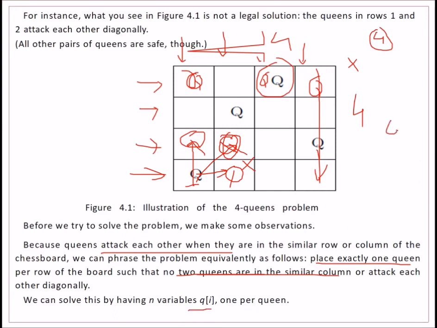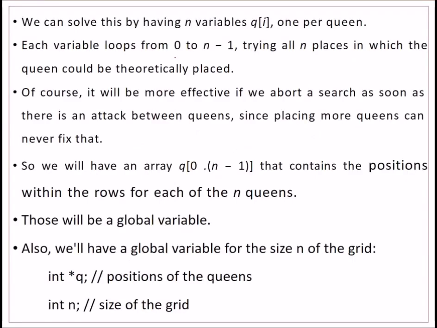In our case, if it is 4, then n will be 4, so this q will be from 0 to 3. Means 0, 1, 2, 3, that means 4 queens. So this is how we will attack the problem, and we will start making data structures.